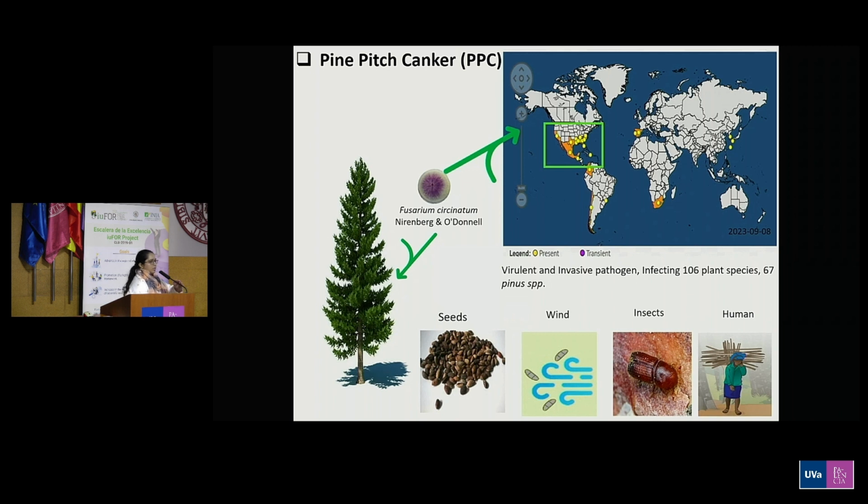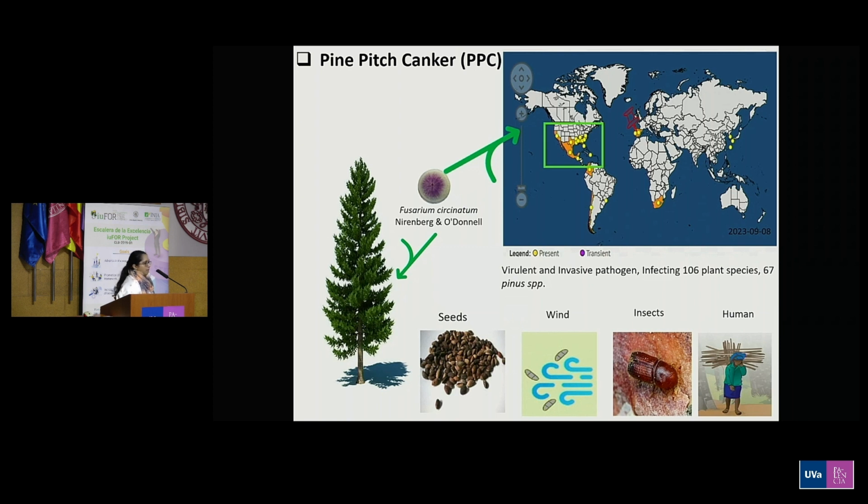It wasn't present in Europe, but later it was introduced in some countries of Europe, including France, Portugal, and Spain. And you can see here, it's still present in Spain and Portugal, and we can't control it.